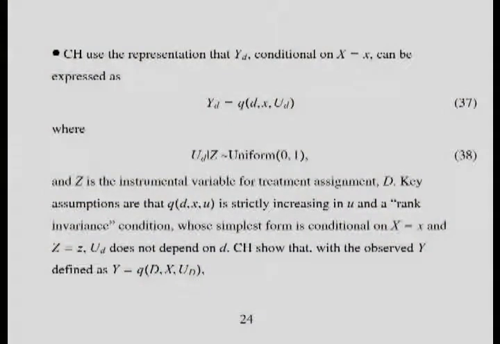And the representation they use that's critical, again in this counterfactual setting, is that the counterfactual outcome on y is this quantile function, and the randomness comes through this uniform random variable u sub d, which, of course, can change across counterfactuals. And z is the instrument that's independent of the unobservables.